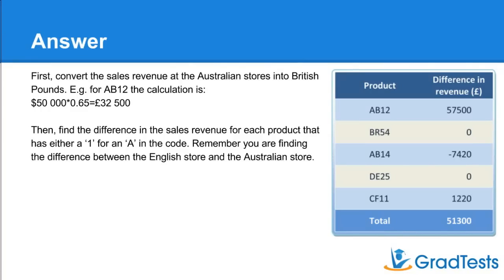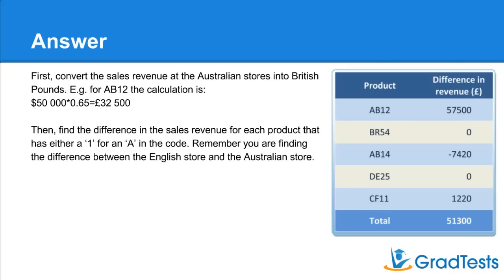We're going to convert the Australian stores values into British pounds, and we're only going to do it for the three products in question. There's no point wasting time doing the calculation for BR54 and DE25 because they're not part of the question. Remember, this is only pertaining to products that had either an A or a 1 in the product code.